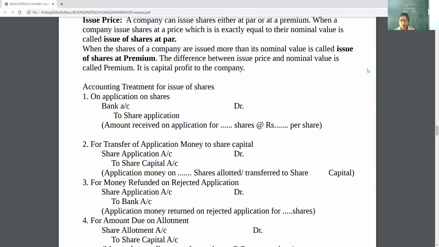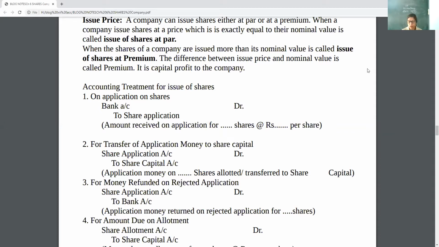Then the narration: amount received on application for dash shares at rupees dash per share. Means the number of shares and the amount of application. Maybe if the share value is rupees 10, then the company can call and receive application money at the rate of 2.